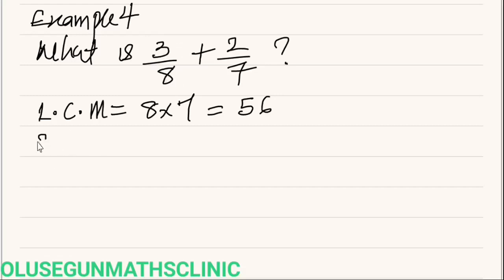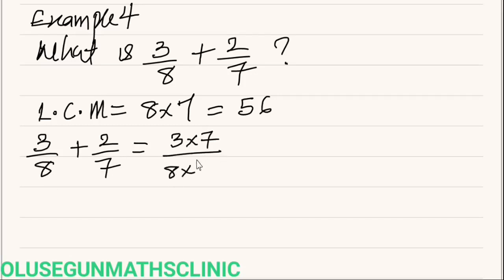So 3 over 8 plus 2 over 7 is equal to 3 times 7 over 8 times 7, plus 2 times 8 over 7 times 8.